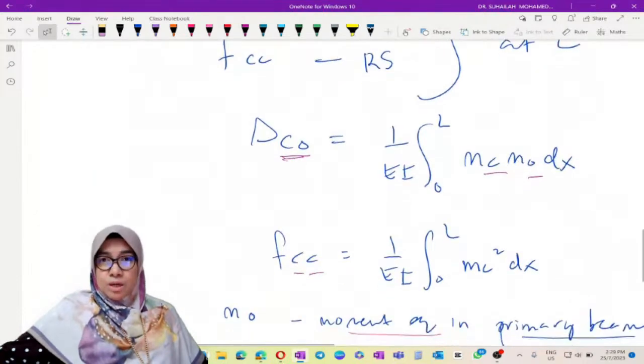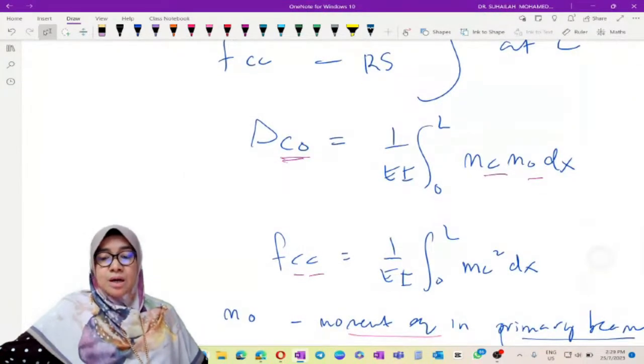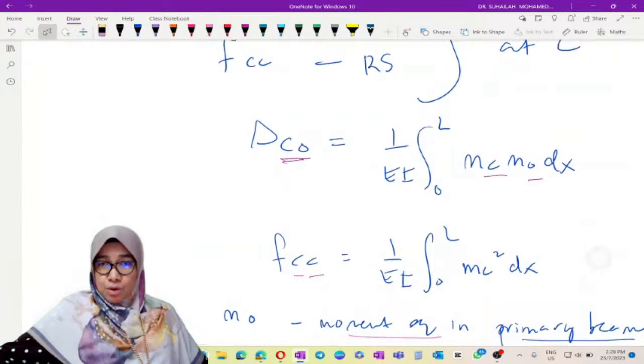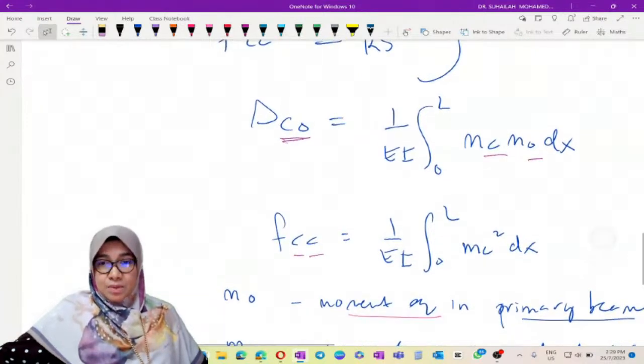To calculate displacement delta C naught, we do integration. We integrate two moment equations, MC and M naught, and for FCC we integrate MC and MC.